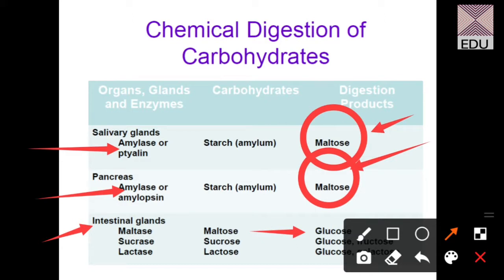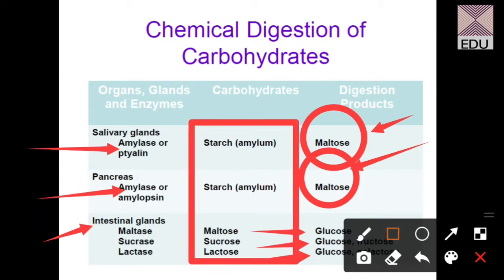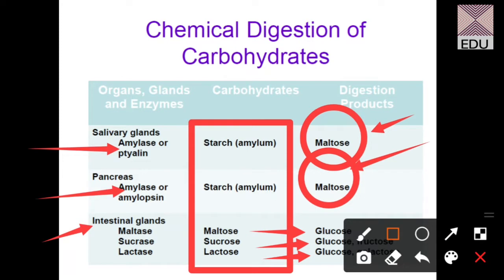Then the sucrase will digest the sucrose and again convert it into glucose. The same is with the lactose. So all the sugars, the starch, the maltose, the sucrose and the lactose, are all digested in different organs at different levels, in the mouth, in the duodenum, in the intestine.